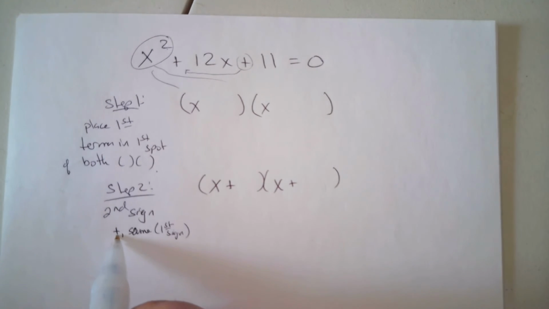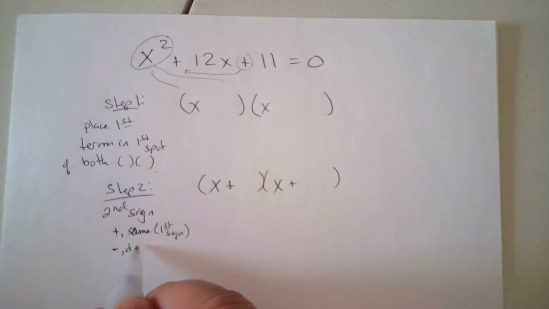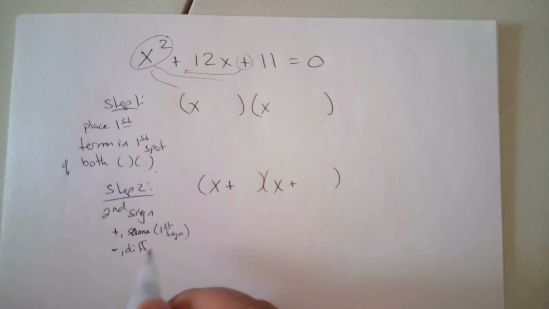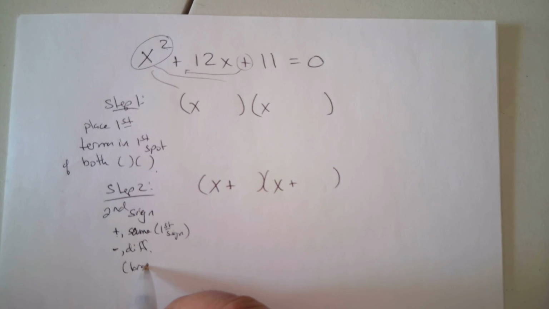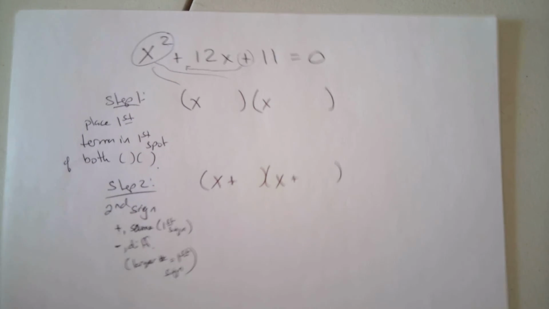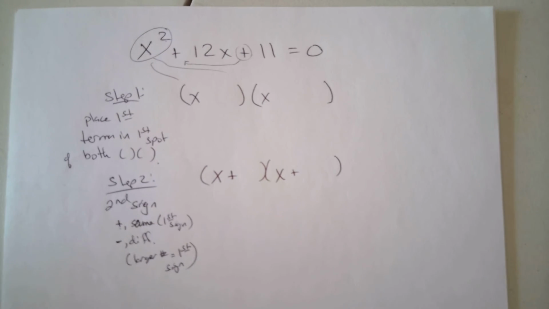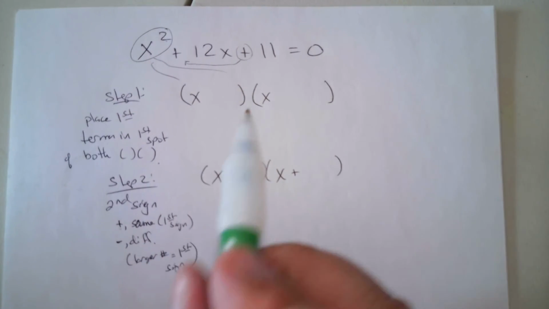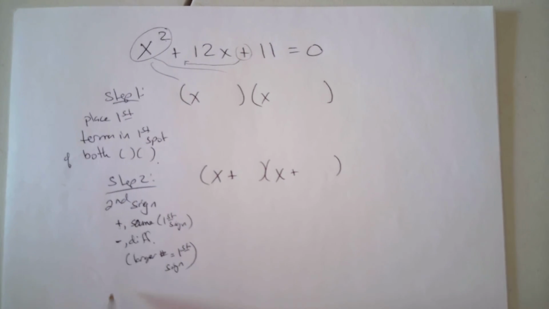So if the second sign is a plus, they're the same. They're the first sign. If it's a minus, they're different. Larger number equals first sign. So that's step 1, put the x's there. Step 2, the signs.